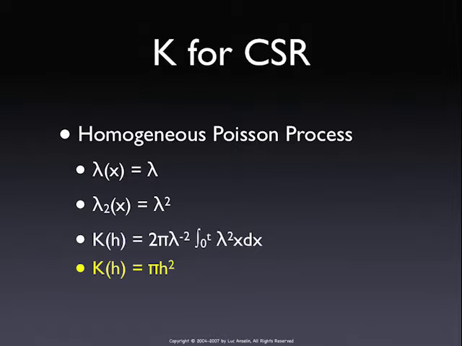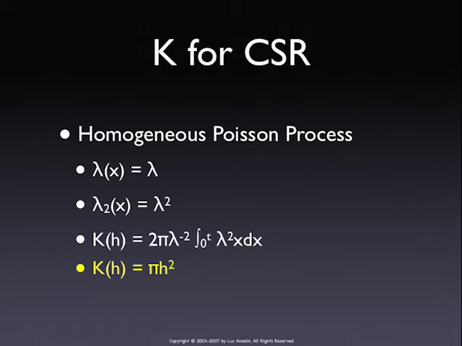Integral of a constant is about the easiest integral you can have. So that's where this h comes from, h squared. The 1 over 2 cancels out, the lambda squared cancels out with this lambda squared. So we end up with something which does not have the intensity parameter in it anymore.